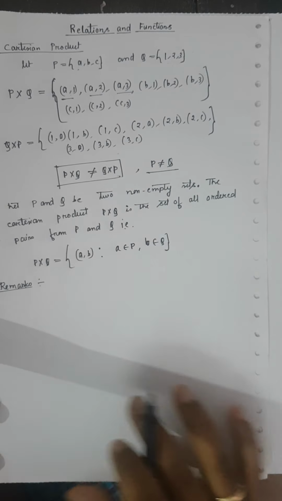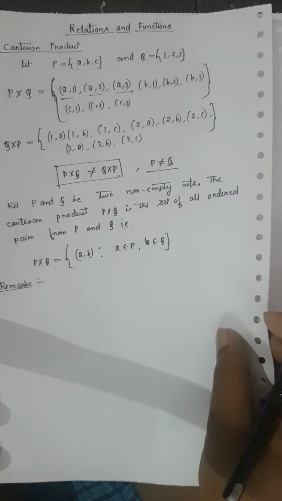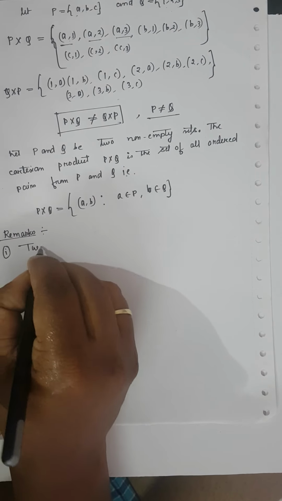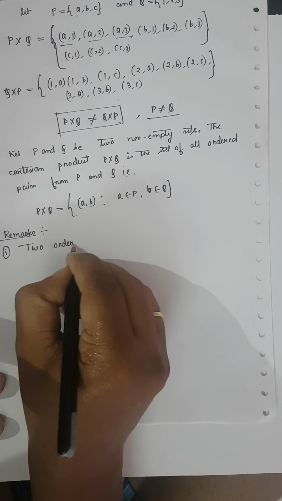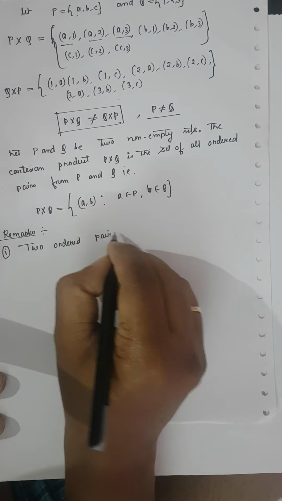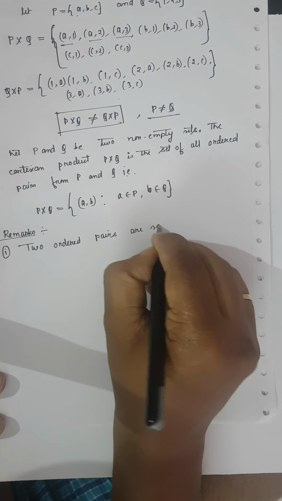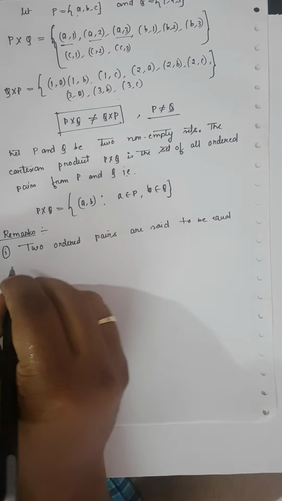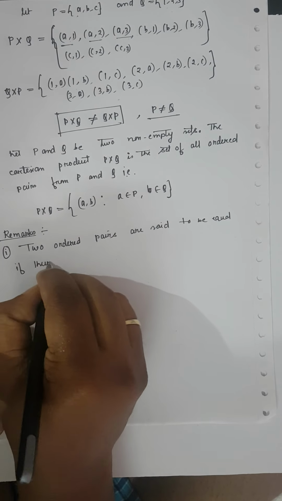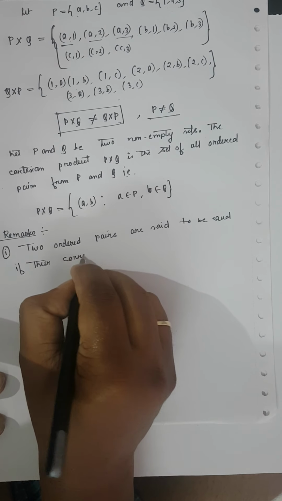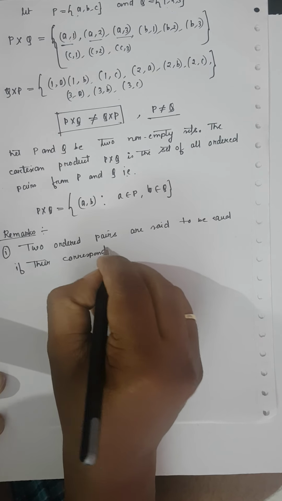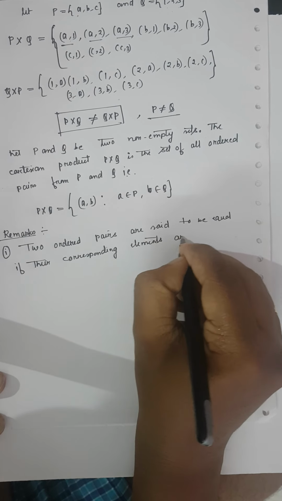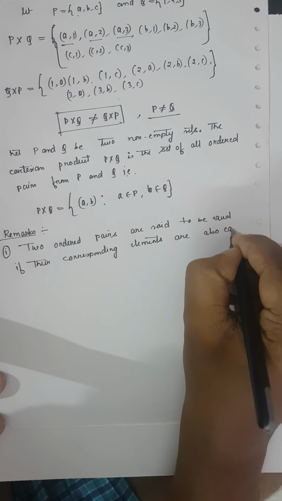Now some remarks. Number one: two ordered pairs are said to be equal if their corresponding elements are also equal.